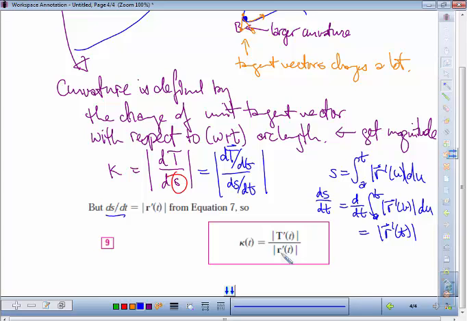It's going to be curved the same regardless of what point you're at. So if we do a helix, we're going to see that the curvature is going to be constant for any value of t that we select. The t is not going to be important. So let's do that.